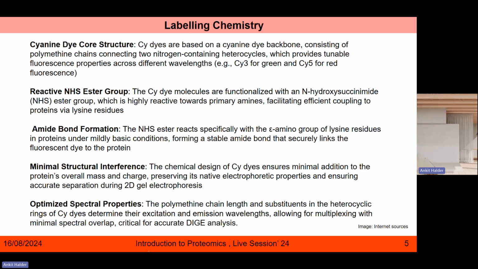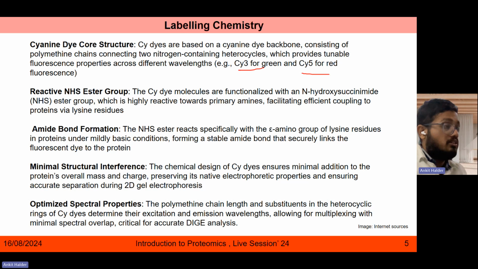The cyanine dye core structure is based on a cyanine dye backbone consisting of polymethine chains containing two nitrogen heterocycles. This provides tunable fluorescence properties. Cy3 for green, Cy5 for red.